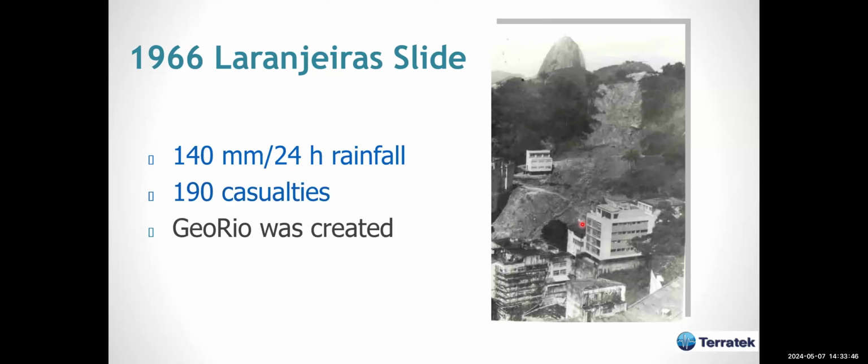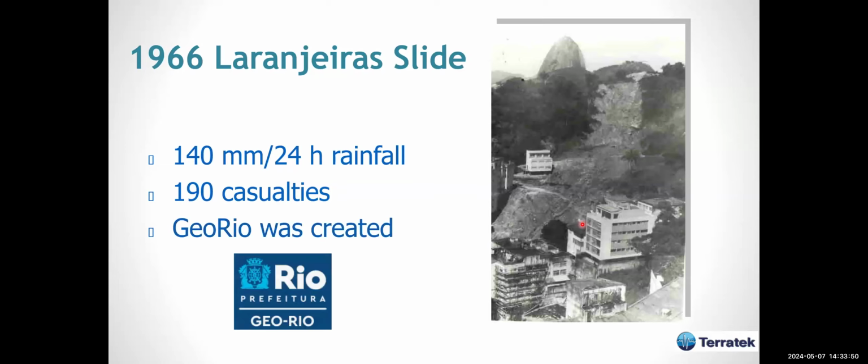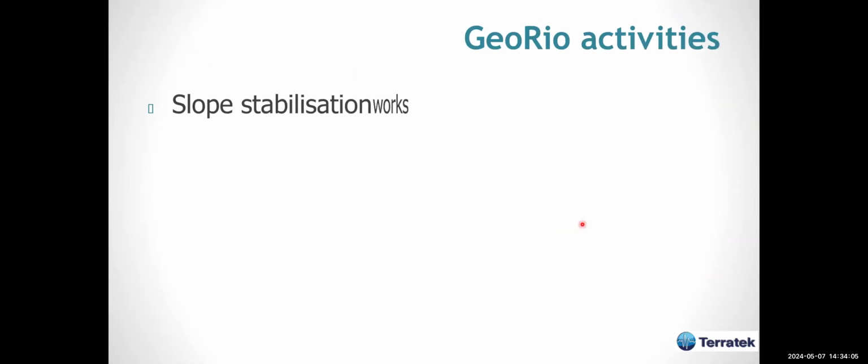And on the next day, I still remember, Geo-Rio was founded. Geo-Rio is still an organization to look after slopes in the city to avoid this kind of disaster. And it was founded in 1966.